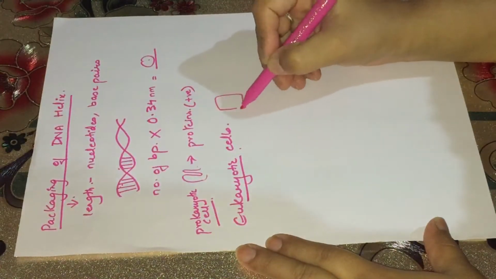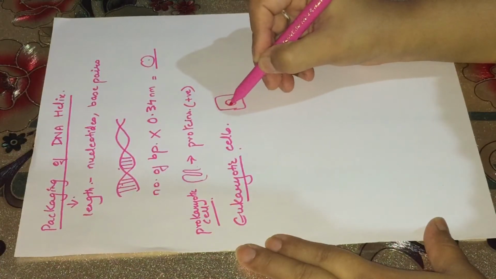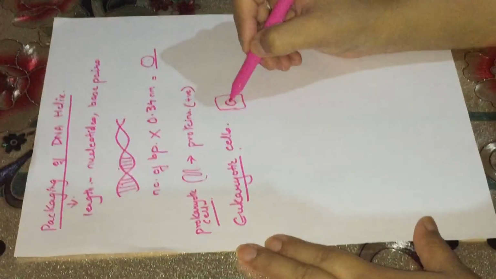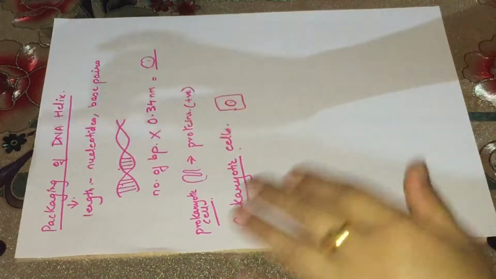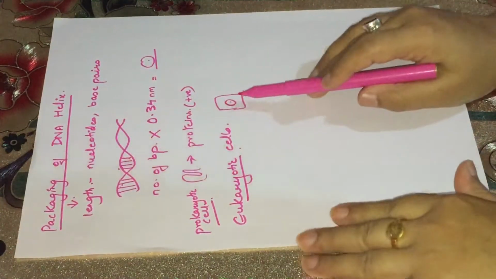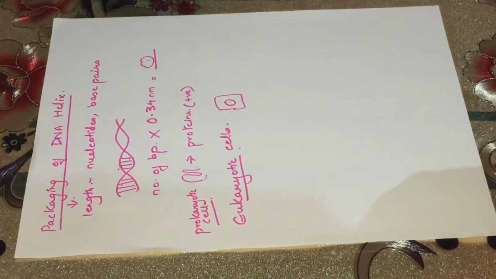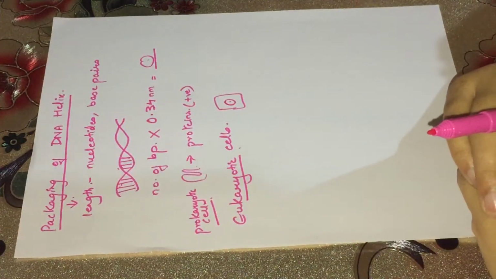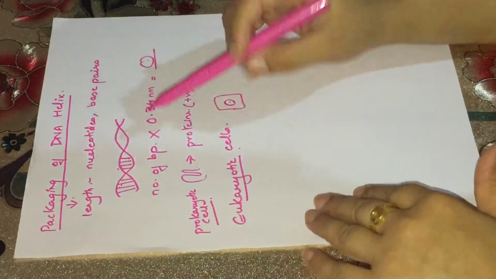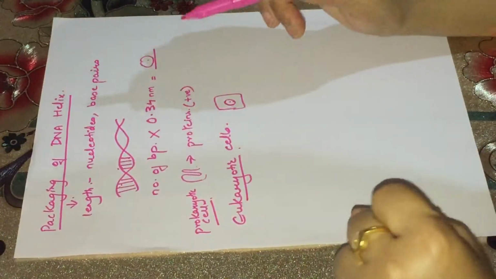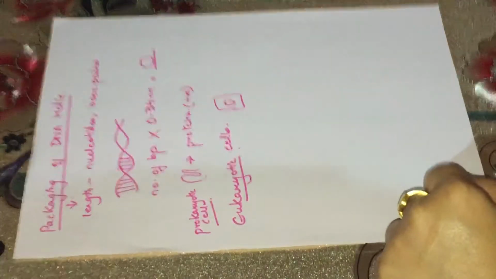Inside the cell there is a properly bounded nucleus, and inside the nucleus is our DNA. Now, how is this long lengthy DNA packaged inside the nucleus?